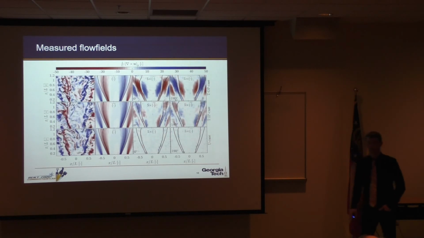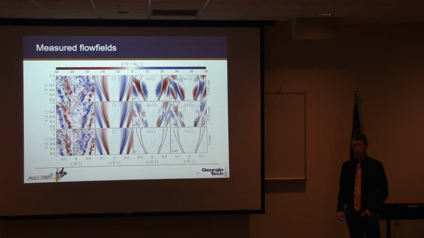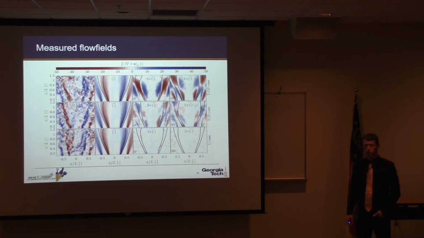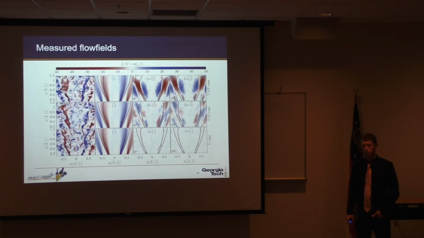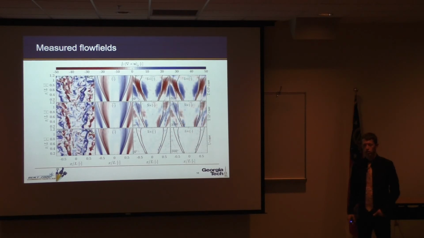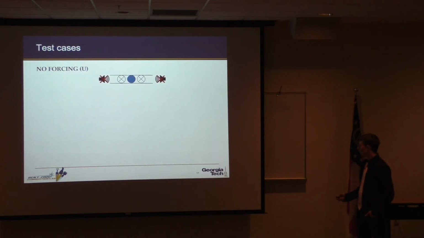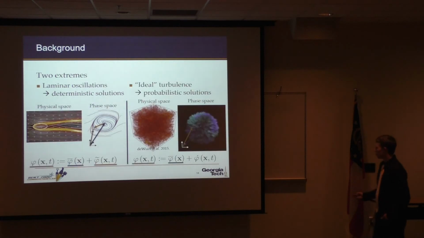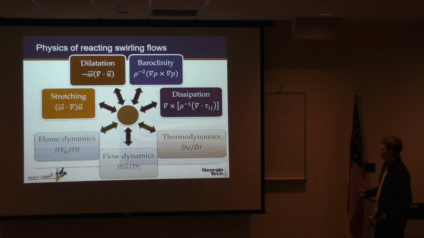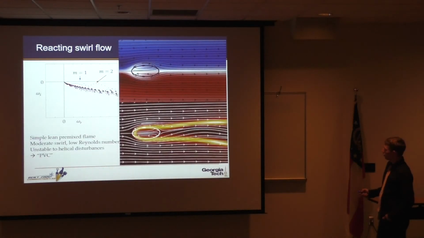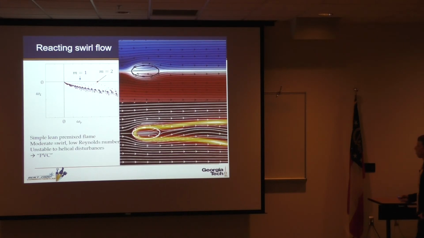Something you talked about early on was adding heat release to the flow as opposed to a non-reacting flow. I might be able to pull that slide up. I was curious how you would characterize the relationship, if there is one, between the precessing vortex core and helical modes. The helical mode is a disturbance which rides on this solution here.